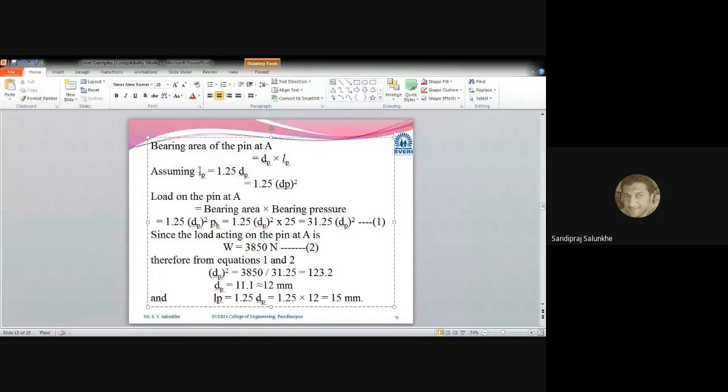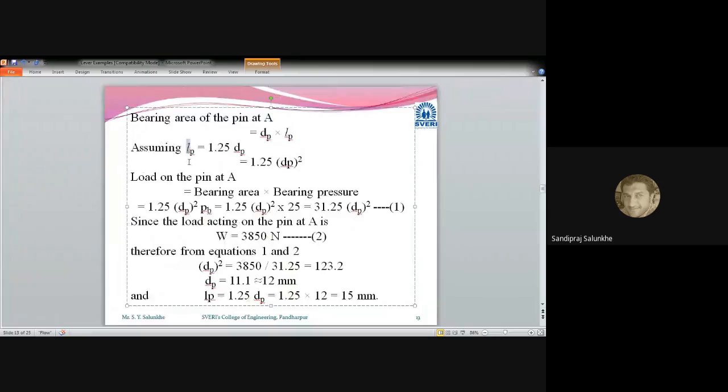So if you put this value of L suffix p in this equation, we'll get 1.25 into d p square, that is the diameter of the pin square. Okay. Now which load is generating that bearing pressure?